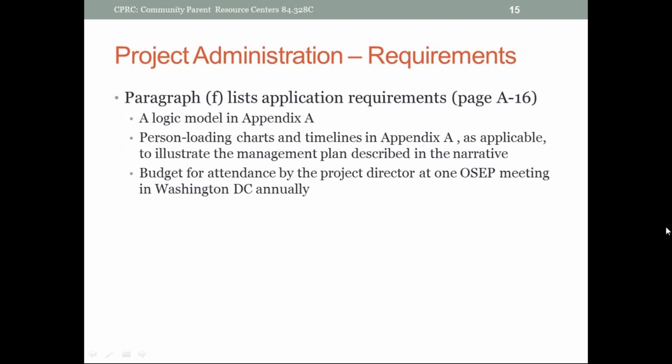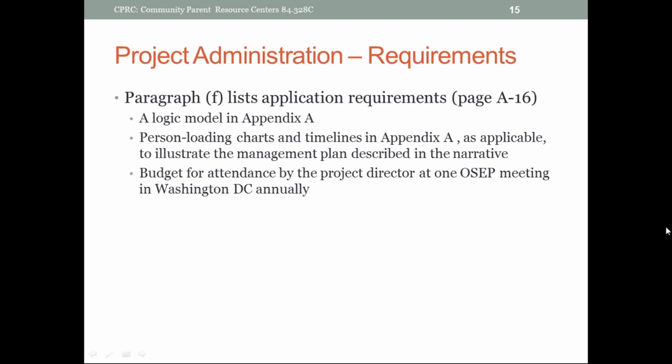Okay, Vicki, I'll get back to the question about whether or not there should be attachments in the SF242 form later. There is no requirement, to answer another question, that you attend a regional meeting.